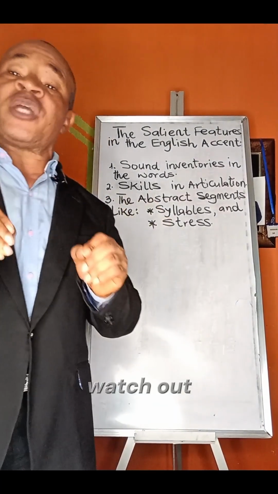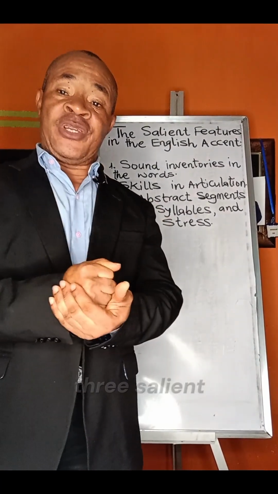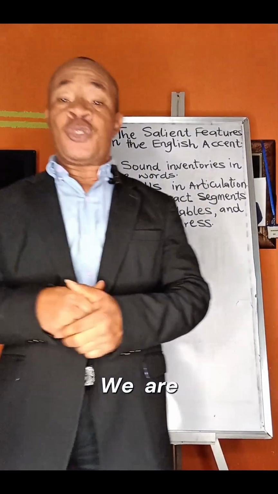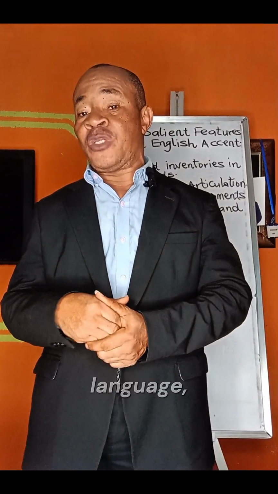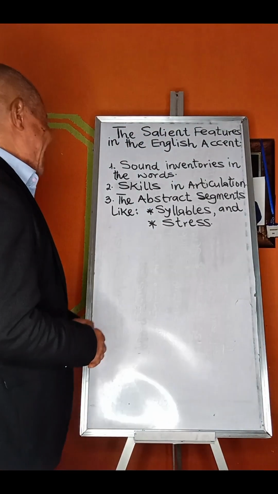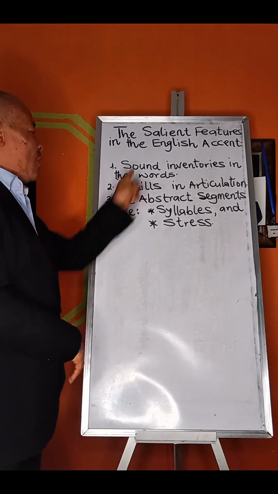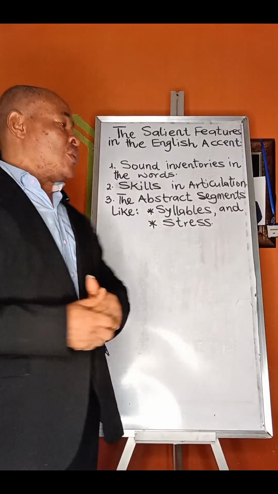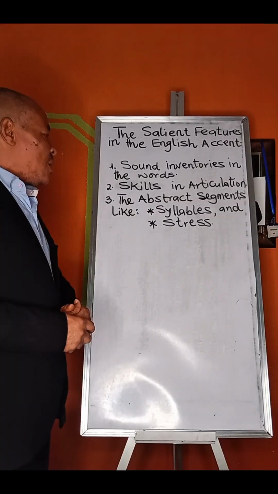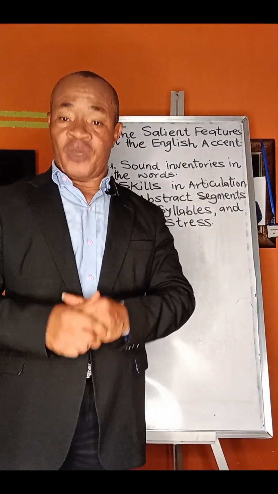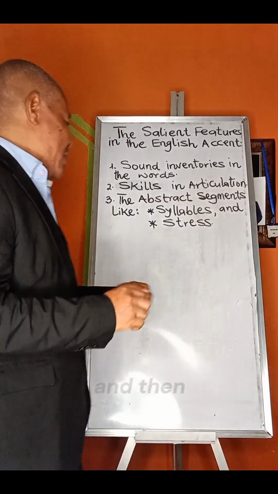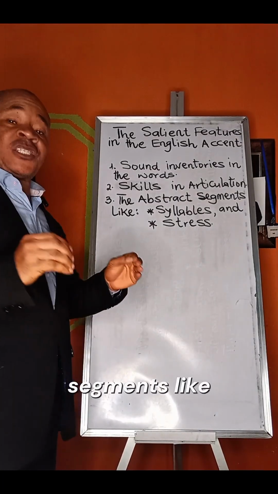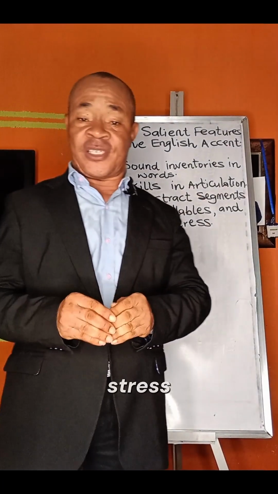We have to watch out for these three salient features when we are talking about the accent of a language, especially the English language. One, the sound inventories in the words; two, the skills in articulation of the English words; and then three, the abstract segments like syllables and stress.